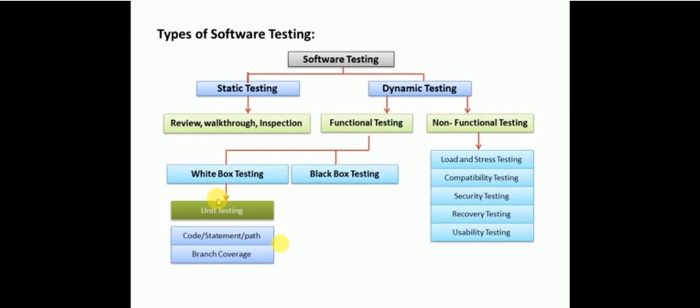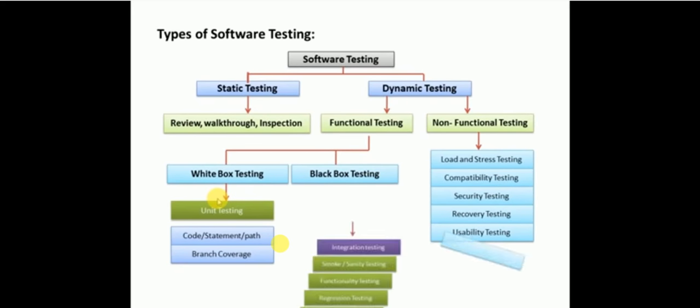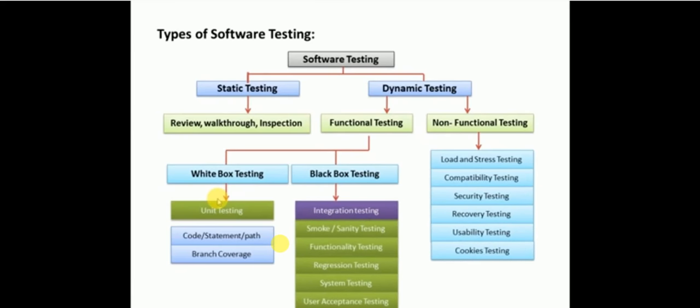In unit testing, a unit tester will see that each unit or each piece of code is working as expected. You can achieve it by statement coverage, path coverage, branch coverage, and code review. Now majorly a tester performs either black box testing or non-functional testing.